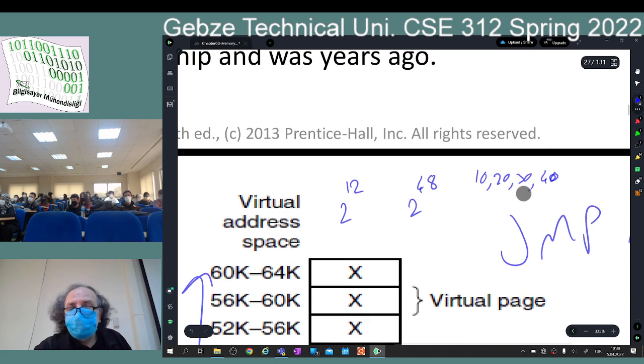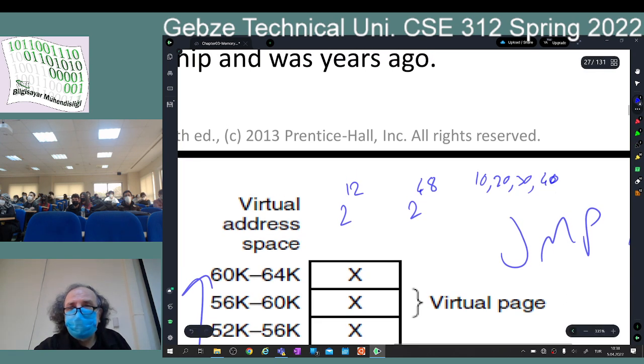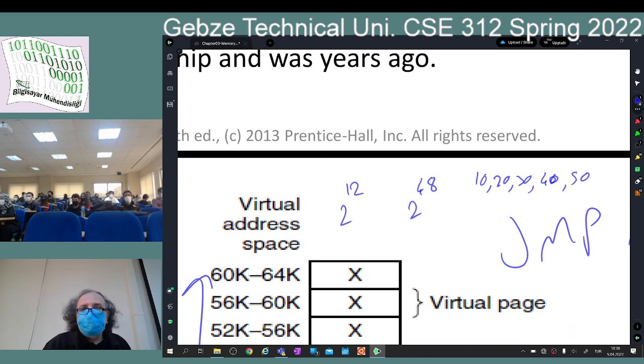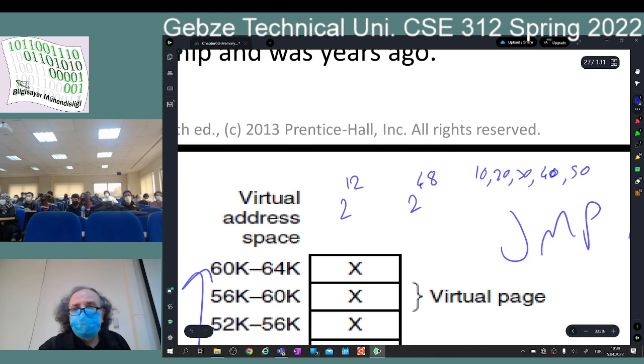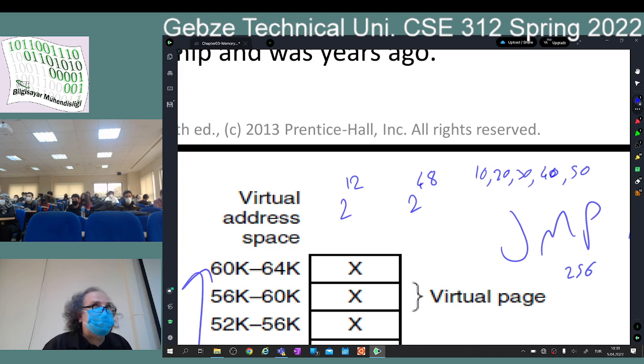Kilobyte, megabyte, gigabyte, terabyte. So 2 to the 48 is 256 terabytes, right? That's my address space. Each process on today's 64-bit computers can address up to 256 terabytes of data.